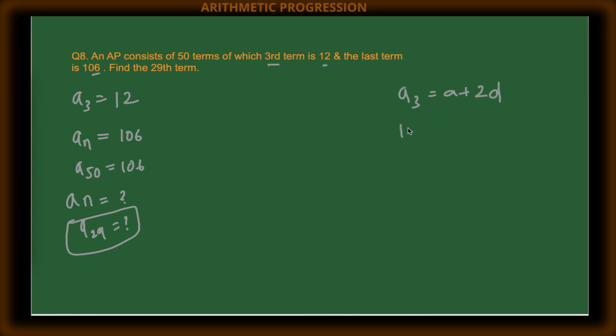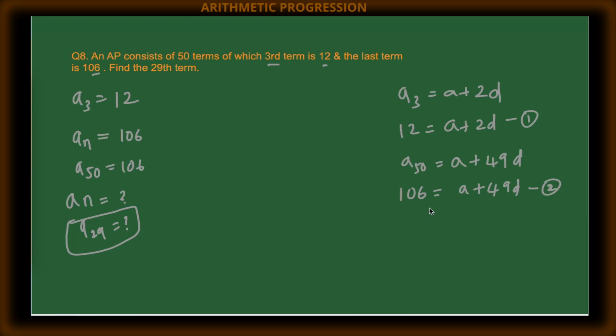A3 is given as 12, so A plus 2d is 12. This is one equation. Then A50 can be represented as A plus 49d. We know A50 is 106, so 106 is equal to A plus 49d. This is the second equation.